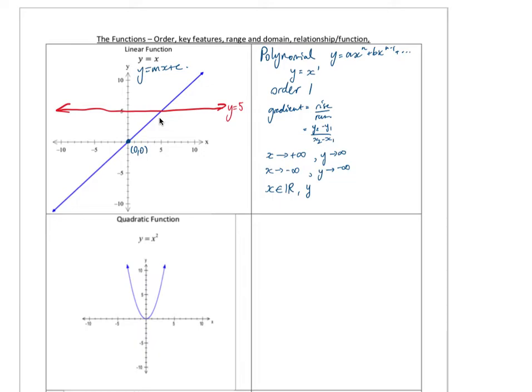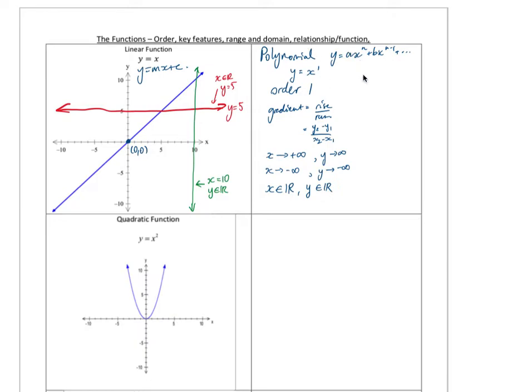If I go x is equal to, let's say, positive 10, we can see that that's a special case as well. So this one here, we've got x is equal to 10 and 10 only. That's the domain, and y is all reals. And we have here x is all reals and y is equal to 5. But for every other case, x is all reals, y is all reals.